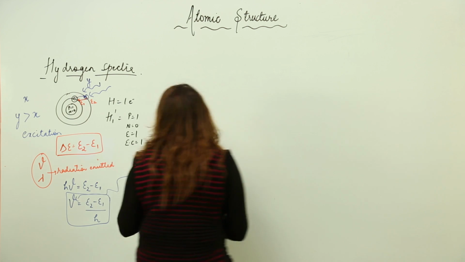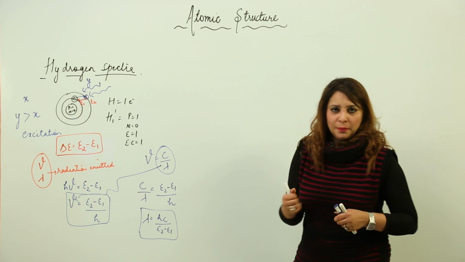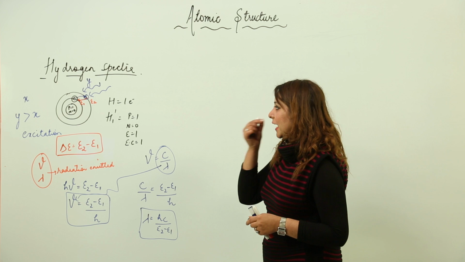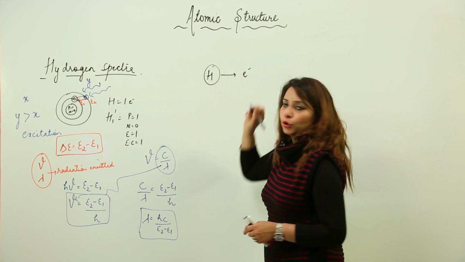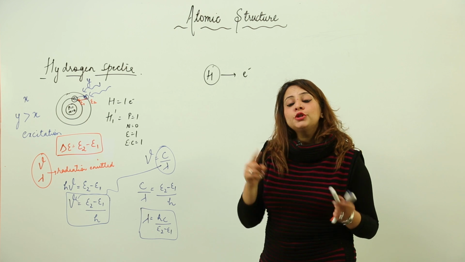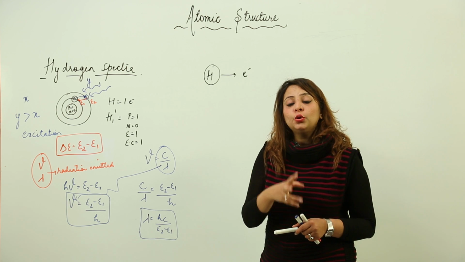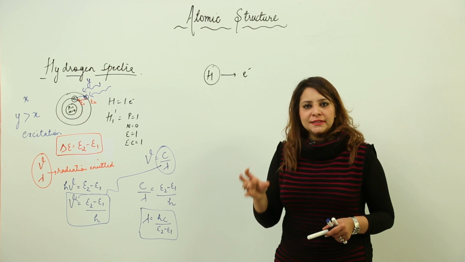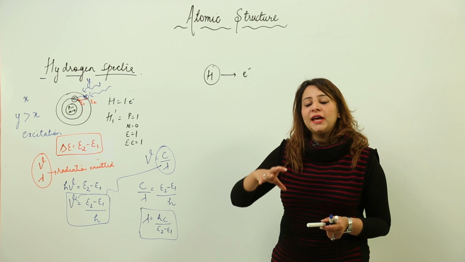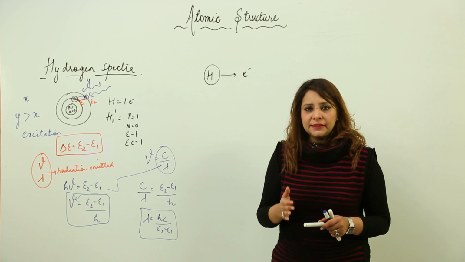Now one more thing must be striking your mind: as we know, each hydrogen atom has only one electron, but when we talk about the spectrum of hydrogen, I told you that there are so many bright lines that appear, that we divide those lines into different series.